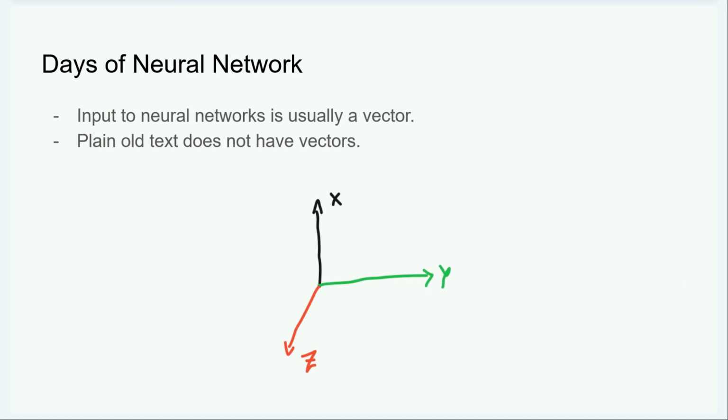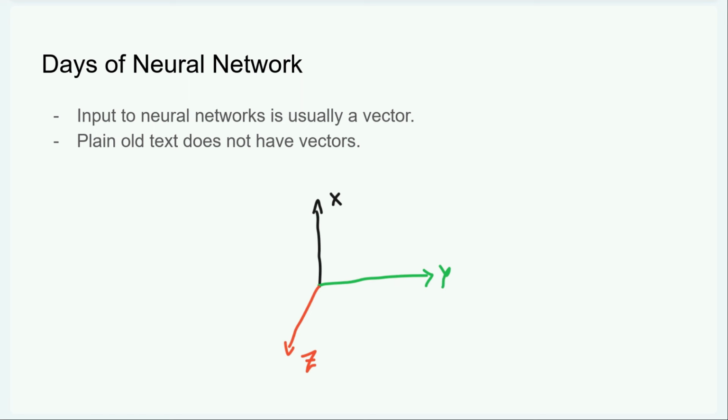Now, this is what we think about when we think of vectors. This is what we are classically taught. You have three axes, x, y, and z, and a three-dimensional vector would have some component in the x direction, some component in the y direction, and some component in the z direction.